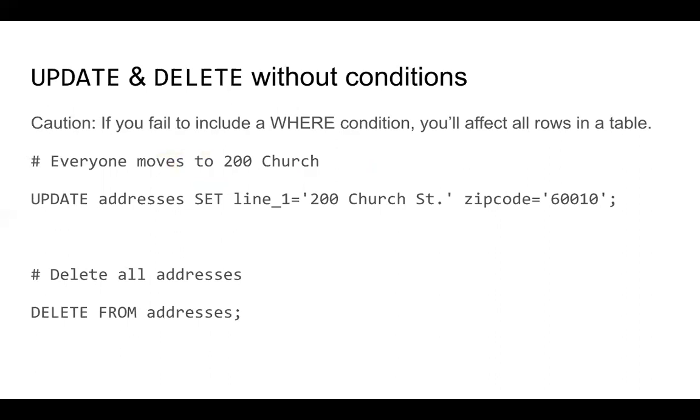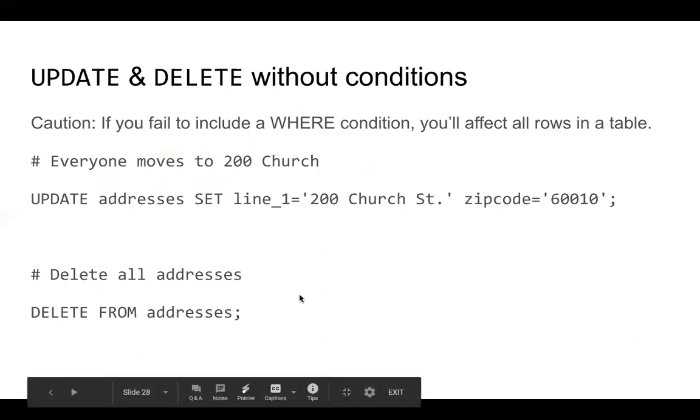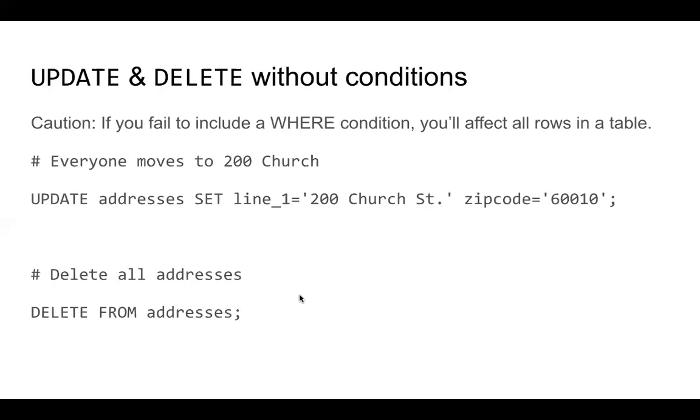If you fail to include a where condition, you'll affect all rows in a table. So if you just did update addresses without saying where, it would update everyone to 200 Church at zip code 60010. And if you delete from addresses without saying where, it'll delete everything. And you do not want to be that guy. Don't delete the entire database, please.